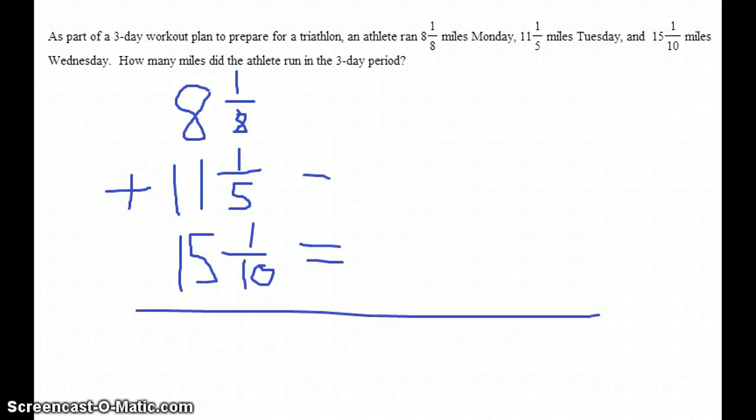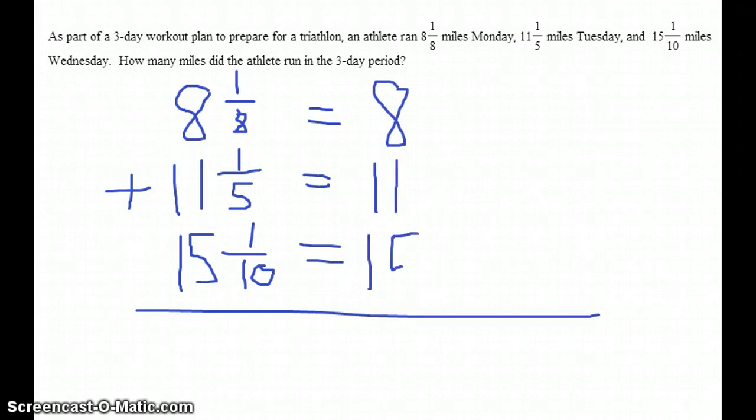Now the first step again is to find your least common multiple or denominator. So for these 3 denominators, what do you think? You're right, the least common denominator is 40. So we'll rewrite each denominator with 40 now.